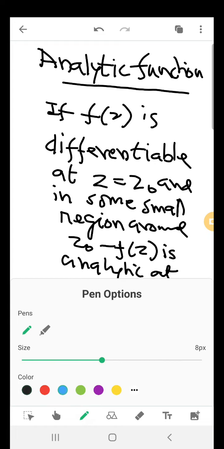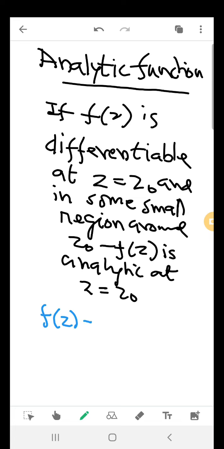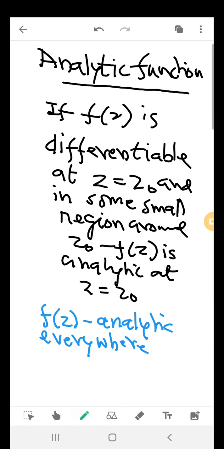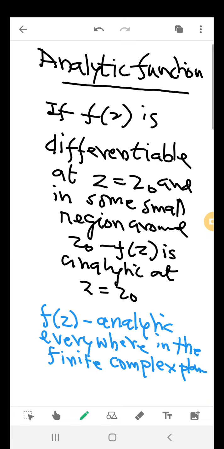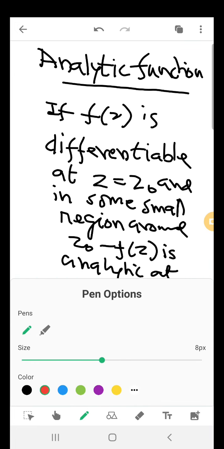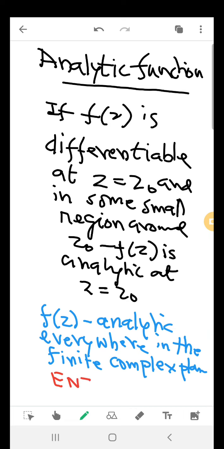And if the function f(z) is analytic everywhere in the finite complex plane, then the function is called an entire function.